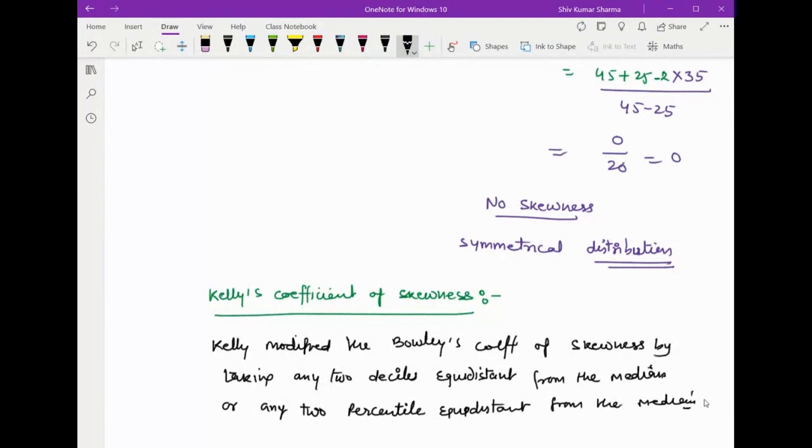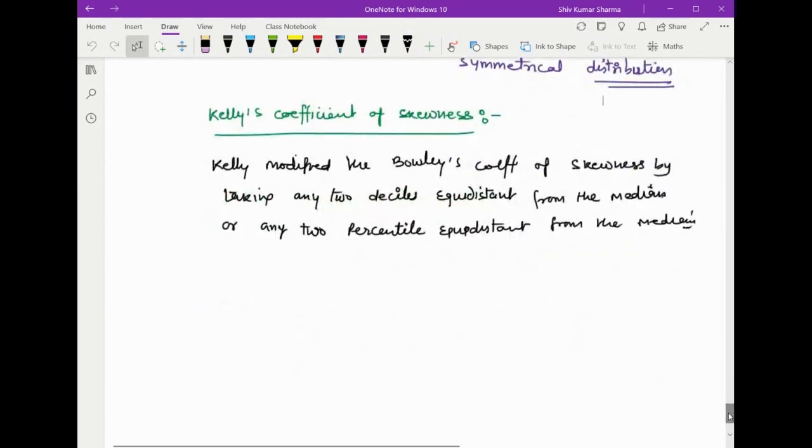So on the basis of decile or percentile, you can solve Kelly's coefficient of skewness.